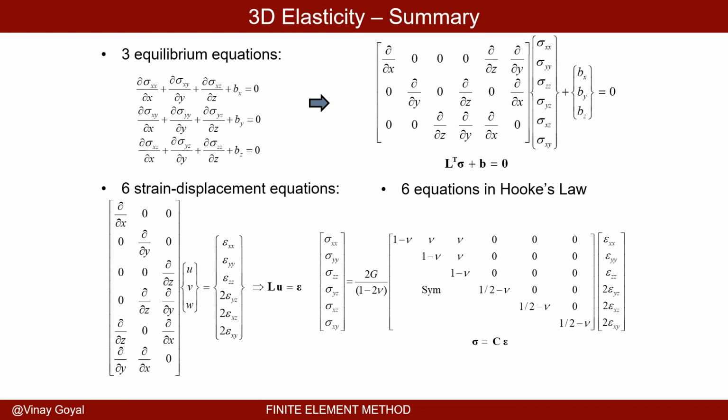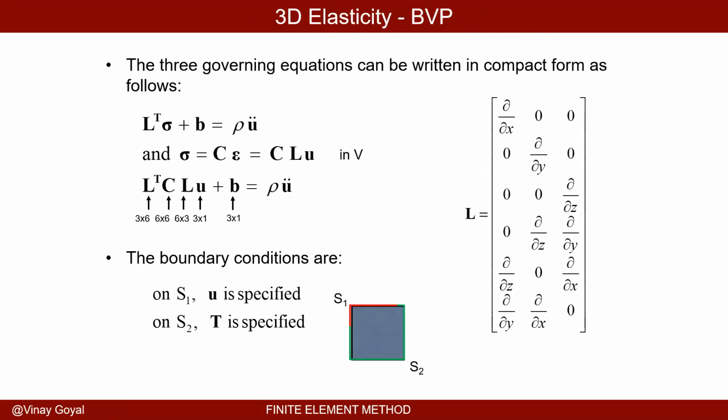We want to design the system so it doesn't break. Here you can see we have L bold transpose sigma bold plus B bold equals rho U bold double dot. And here you have your three equations. Now we know that stress equals C bold times epsilon bold.